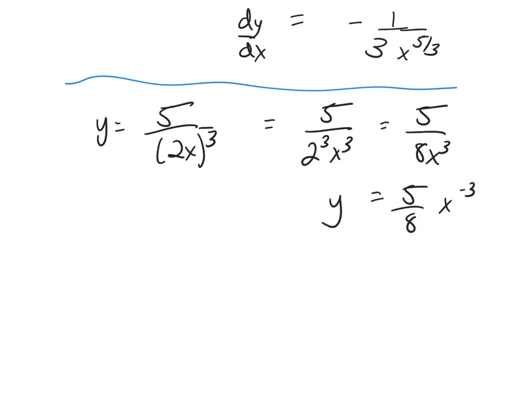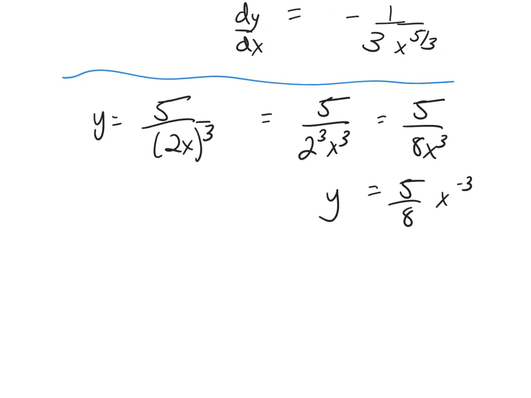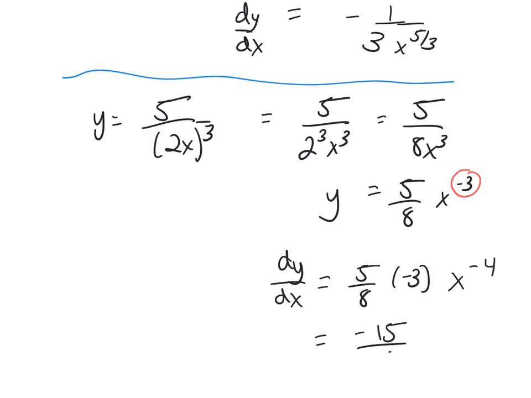Now you're ready to take the derivative. dy dx would be 5 over 8. Do your power rule here. Bring the power down. Negative 3, subtract 1, so it'd be minus 4. Minus 15 over 8, x to the negative 4th.